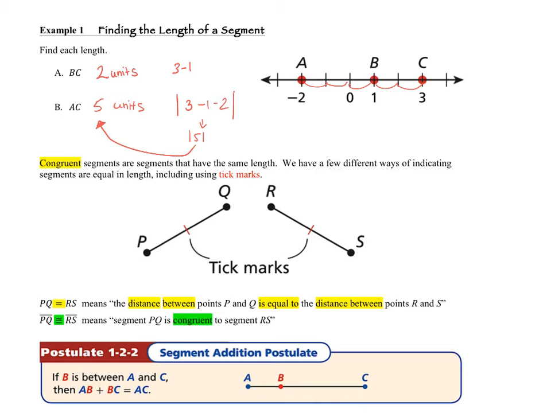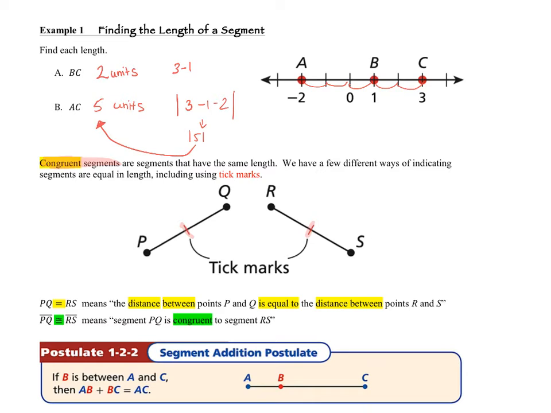Okay, this is a big word we use often in geometry, congruent. You definitely want to know this one really well. So congruent segments are segments that have the same length. And we mark that using this tick mark, this red congruent symbol right here. That's telling me that they're the same length. So I don't have to take out a ruler and measure it because I just know that they're going to be the same length.